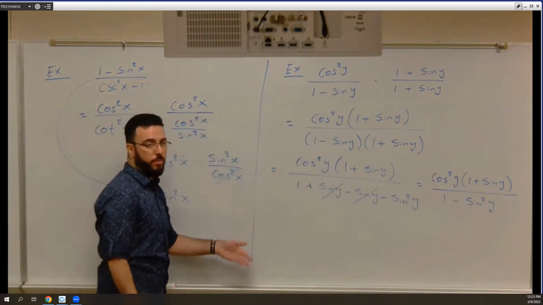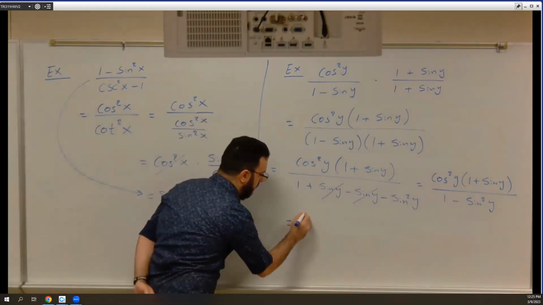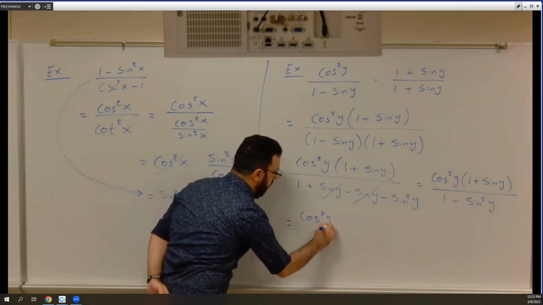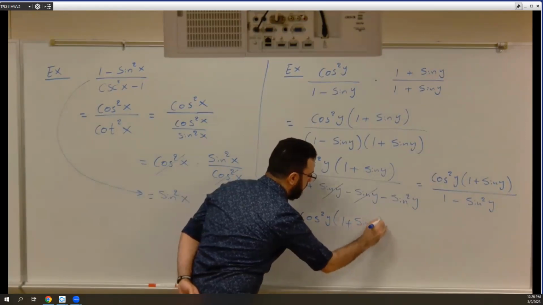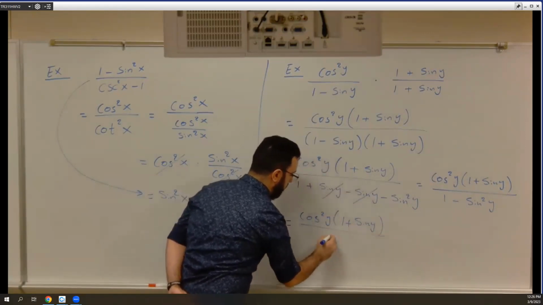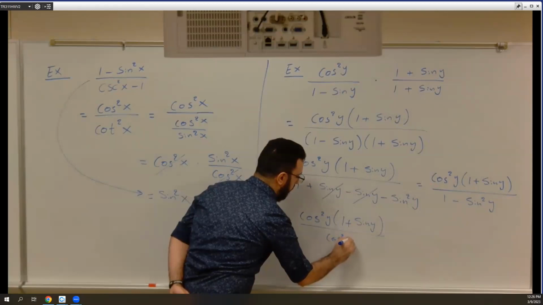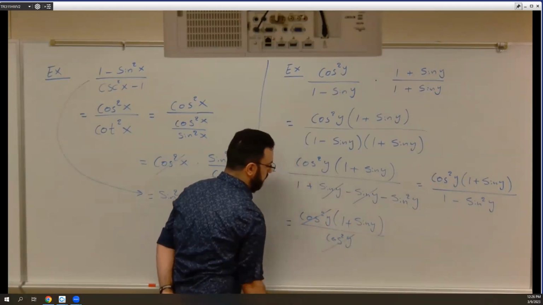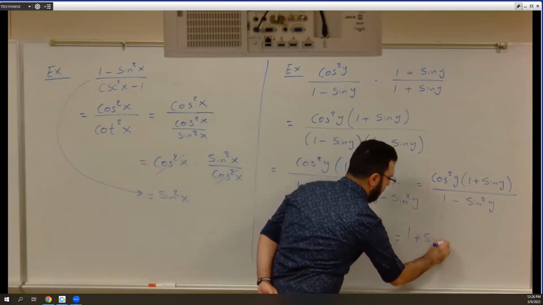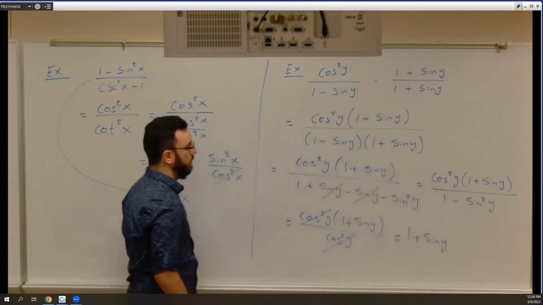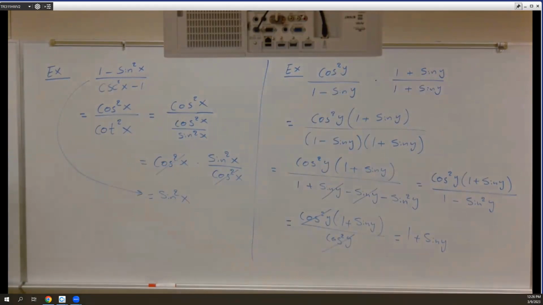Cosine square of y. That means it's going to be cosine square y, 1 plus sine y over cosine square of y. Cancel these. Now the result is going to be 1 plus sine y. That's it.